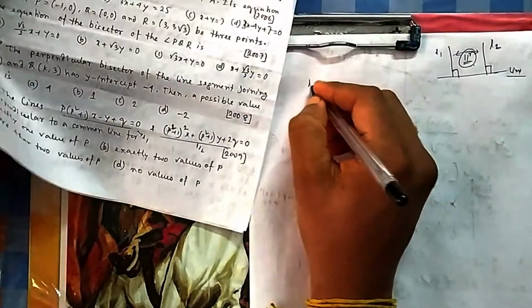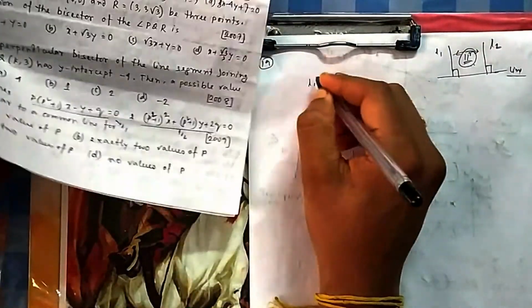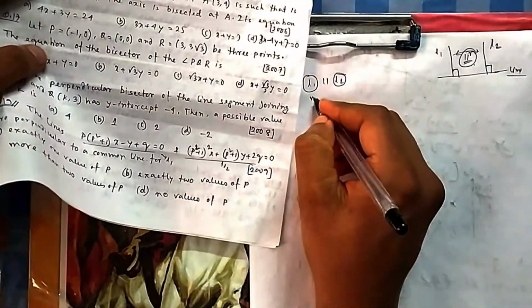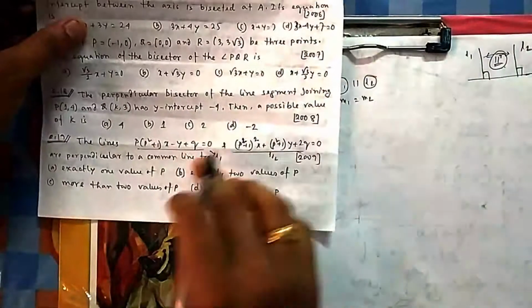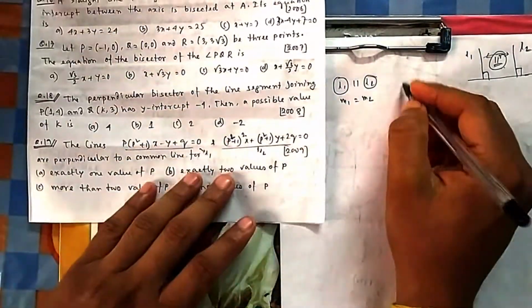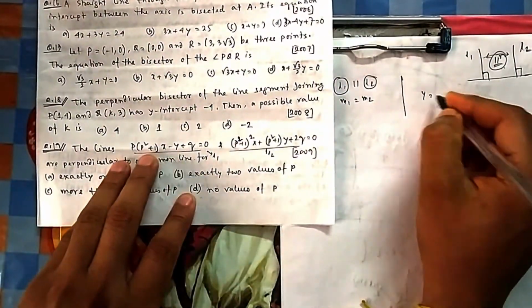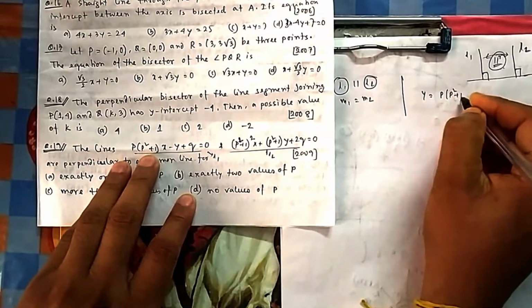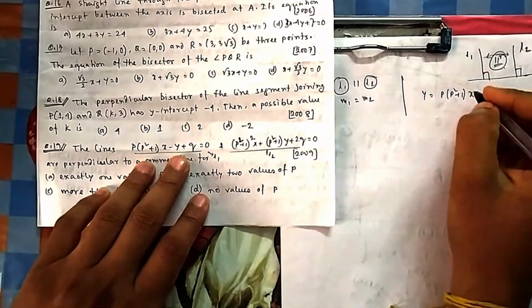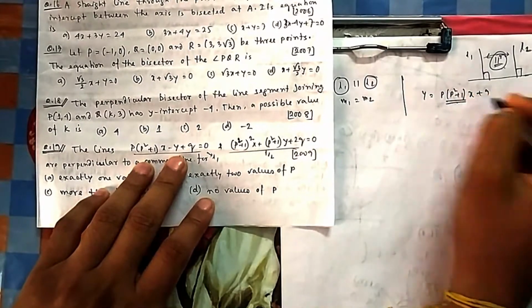So parallel means their slopes should be equal. L1 is parallel to L2, so M1 should be equal to M2. What will be the slope of this line? You can directly write p equal to p square plus 1. You have to keep y on one side and the rest on the other side. So the slope M1 is this one.